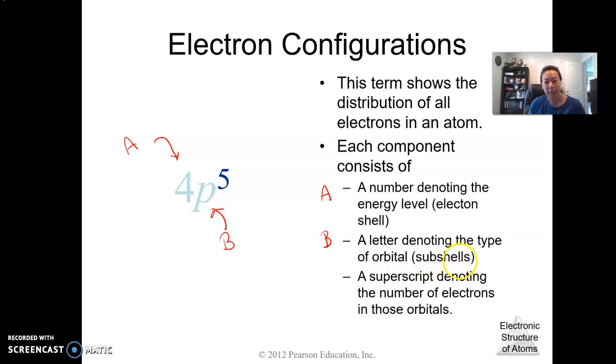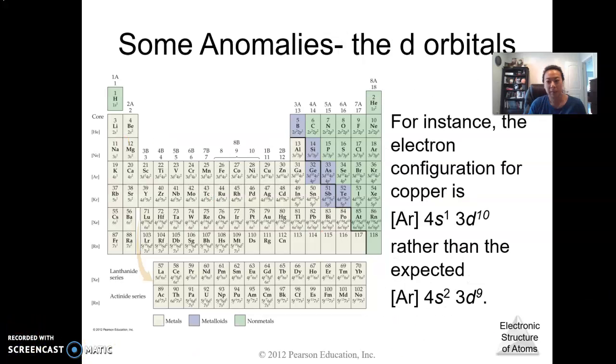Sometimes you'll hear the word subshells for orbital. And this one, C, this is the subscript that tells us how many electrons are in those orbitals. So with this electron configuration, you can tell how many electrons there are, what type of orbitals they exist in, and in which energy those electrons are found. So that is one thing you do need to be able to break down for an electron configuration.